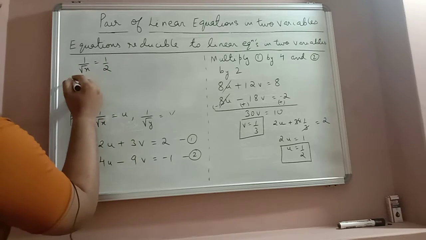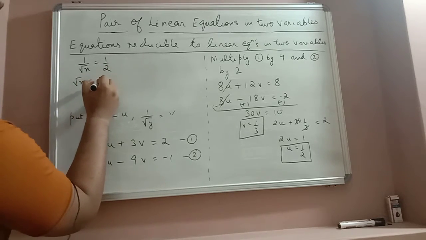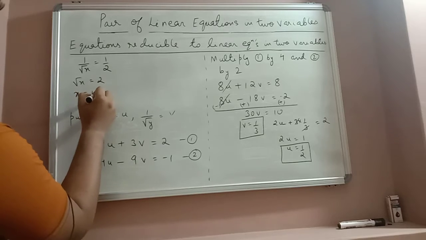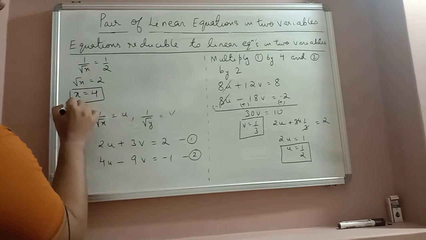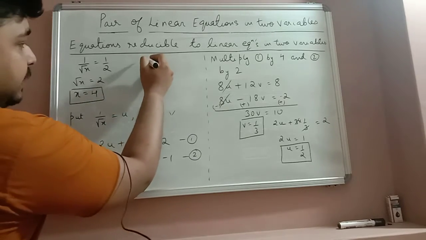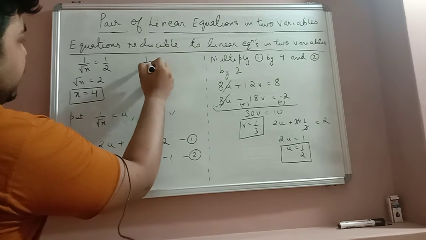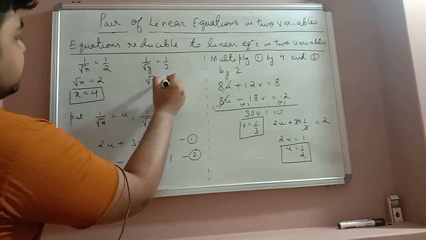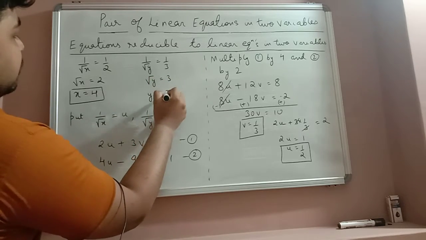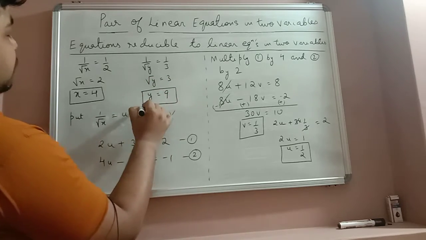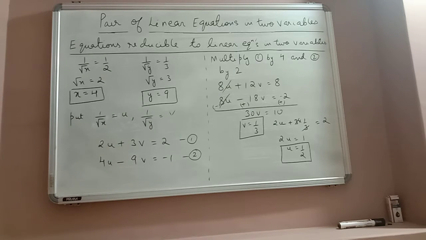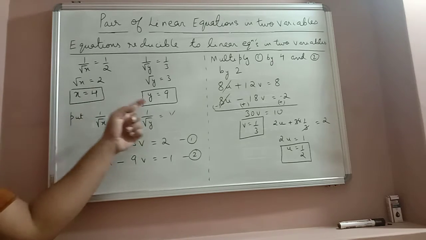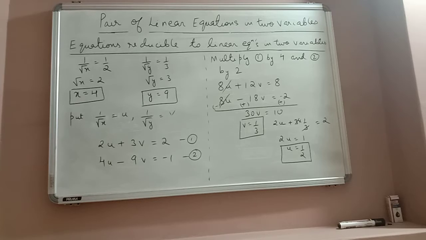Root x becomes 2, or on squaring, x equals 4. Similarly, 1 by root y equals v, that is 1 by 3, root y becomes 3, so y becomes 9. So the solution to the given equations is x equals 4 and y equals 9.